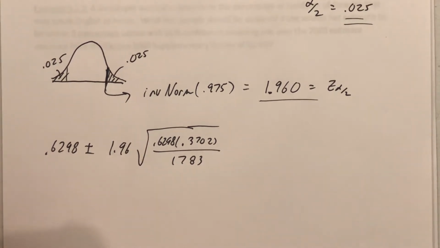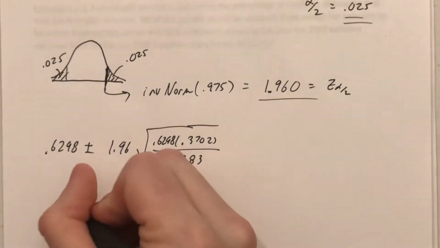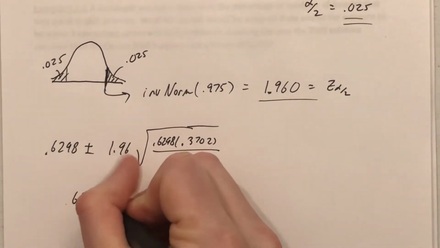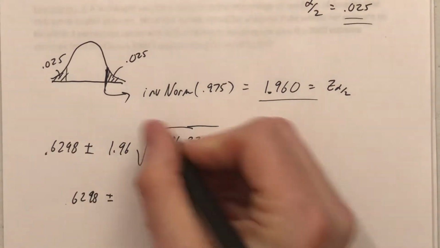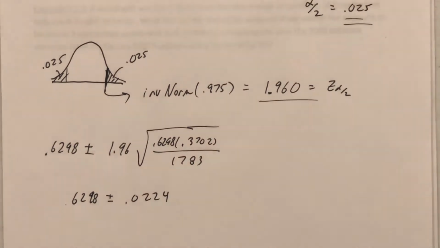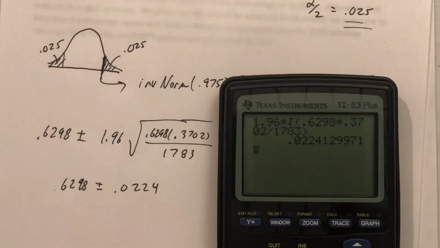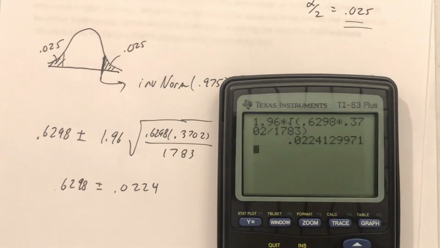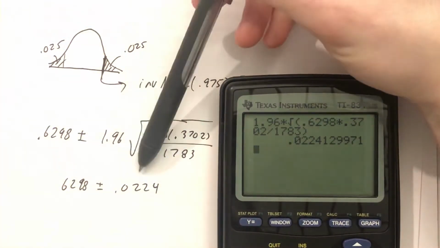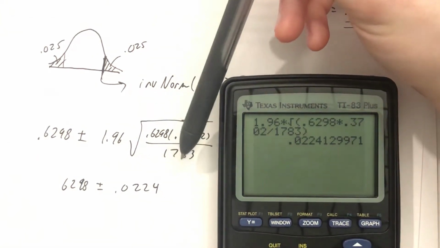Okay, so this whole thing here I'm getting as 0.0224, just to show you what that looked like on my calculator. So the 1.96 times the square root of, and in this particular calculation, you don't really need to overuse parentheses.